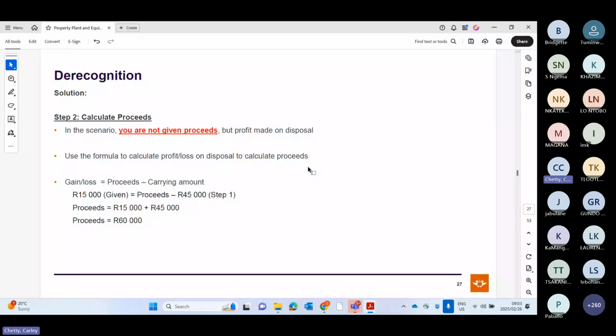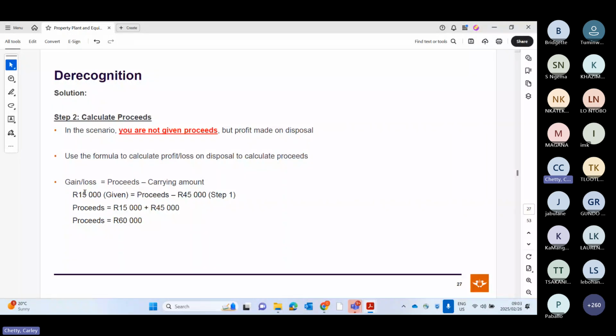We were told there's a profit of 15,000 Rand. The carrying amount is 45,000. So we're going to work backwards and use that to give us the proceeds, which is 60,000.